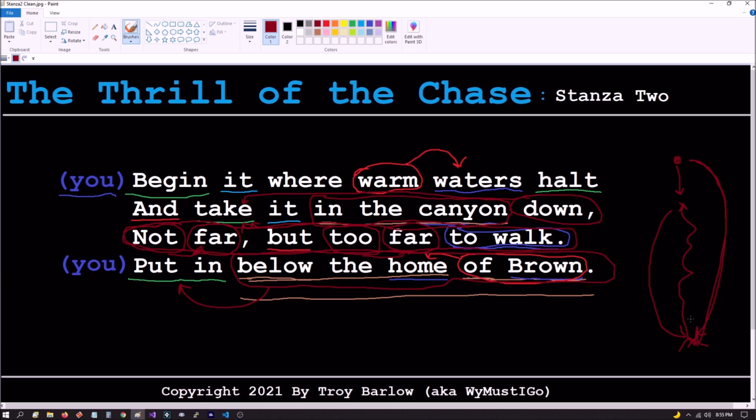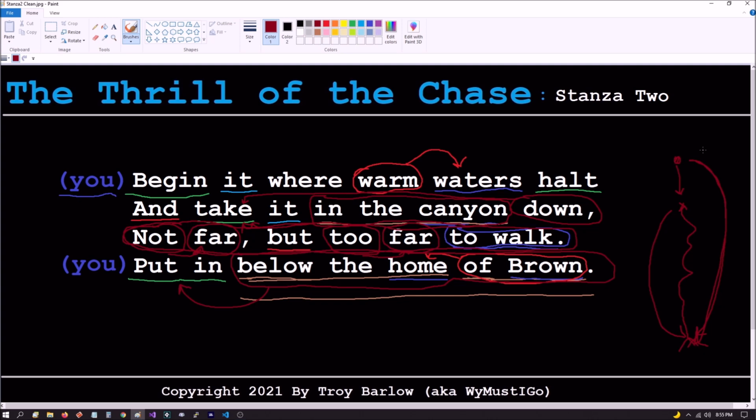And that goes back to a hint that he gave somebody where somebody said, if I know where the home of Brown is, can I reverse engineer where Warm Waters Halt? And Forrest Fenn said something like, sure, if you're willing to have your partners chip in more gas money. And what he was getting to is if you already know where this spot is, when you started here, why on earth would you need to reverse engineer it?